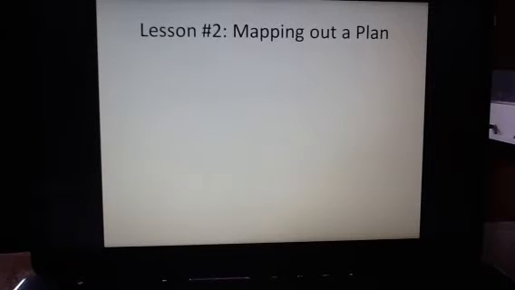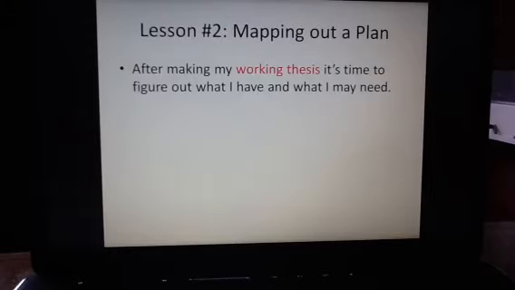Is grandma going to come live with us? How many bathrooms do we need? All those sorts of pieces of information you've got to figure out before you build that house. And so before you can even map out a structural plan, you've got to figure out who's going to live there, and how that relates to your paper is what content you are going to need to discuss. So this is where we start out.